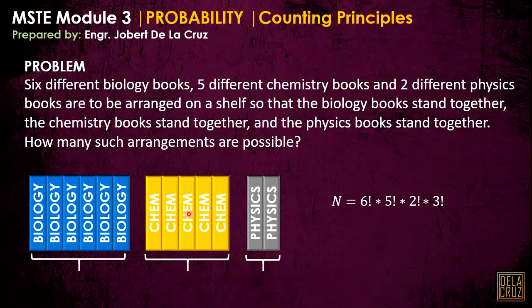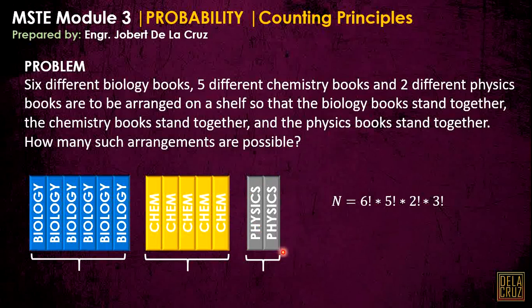Because hindi natin gagawin yun na magiging ilan lahat to? 6 plus 5, that is 11, plus 2, that is 13. So, baka gawin nyo 13 factorial divided by 6 factorial times 5 factorial times 2 factorial. No, okay? Hindi. Kasi nga, inisa natin. Yung ganong principle is pwede silang kahit saan malagay yung biology books, kahit saan malagay yung chemistry, at kahit saan ilagay yung physics.